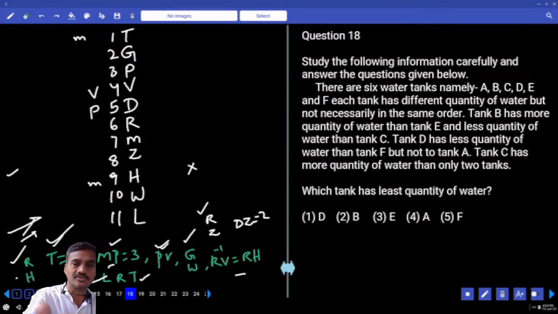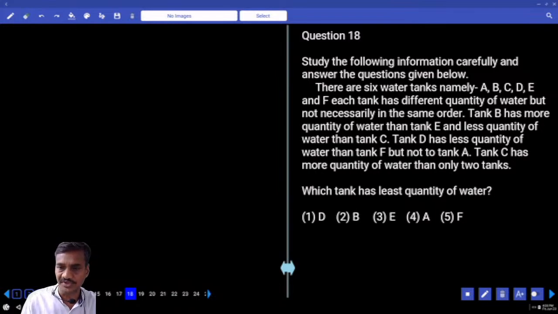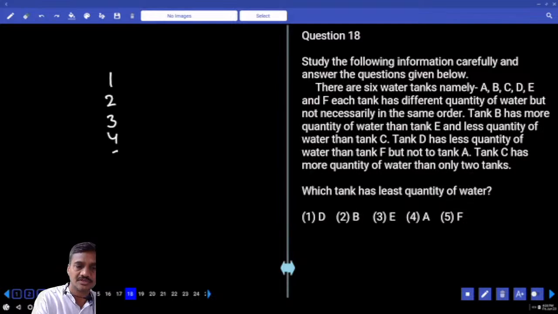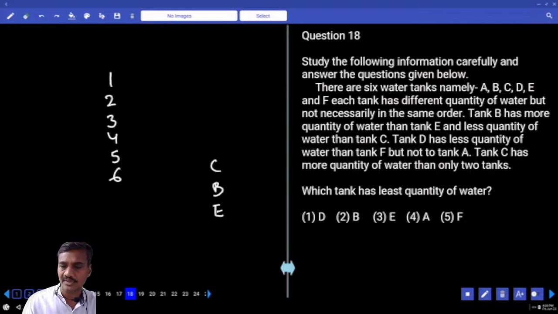Completed? Then, now in this one 18 to 20, then 6 tanks were there. 1, 2, 3, 4, 5. Now in this sense, tank B has more quantity than E. B has more than E and lesser than C. And next one, D has less quantity of water than F. And D is lesser than F, but not A. D is not lesser than A. D is more than A. Then C has more quantity of water than only 2, and C must be at this place.